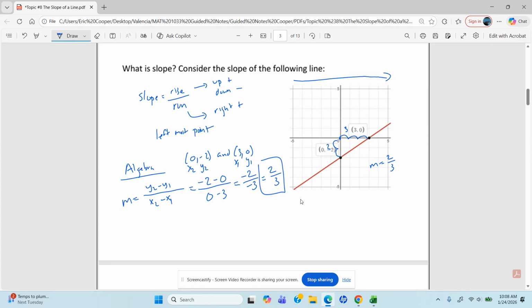So either way, this comes out to be 2/3. For the most part, we will use an algebraic formula, especially if they don't give us a graph. If they have a graph, we can use this rise over run technique. But for the most part, we're going to use this algebraic formula to go through and find our slope.